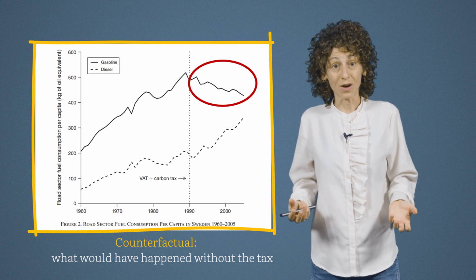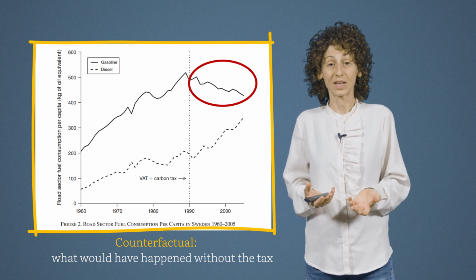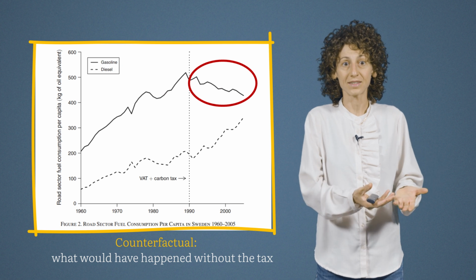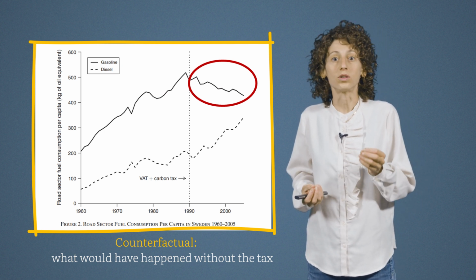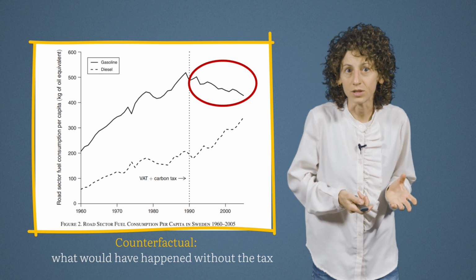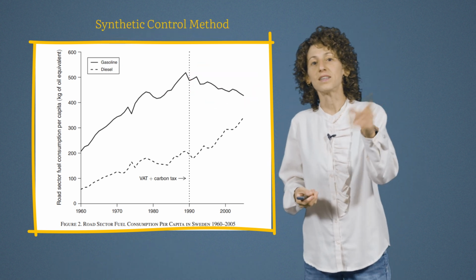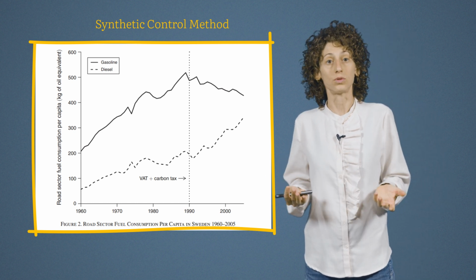But the question now is how to get this counterfactual. Problem: since Sweden introduced the tax, it is impossible to directly observe what would have happened without it. The synthetic control method provides a solution, in this case by looking at data from other countries.